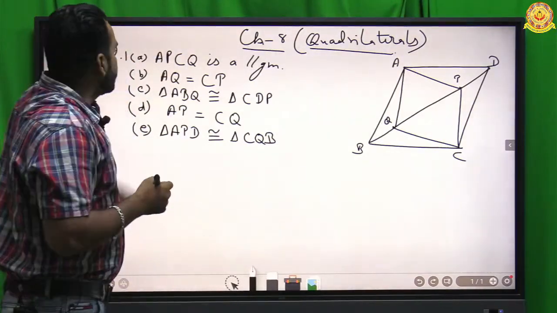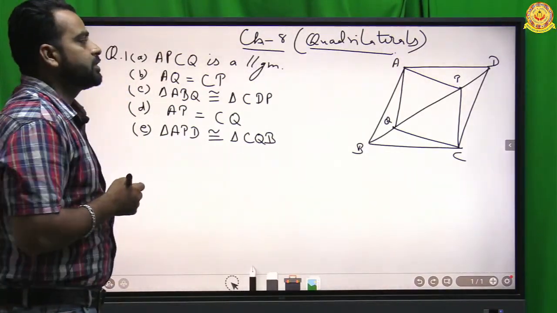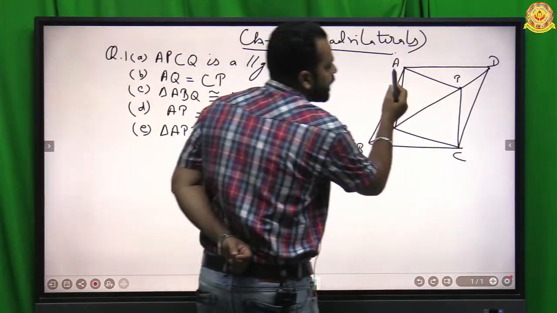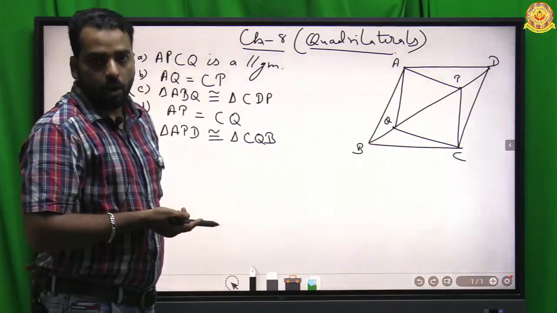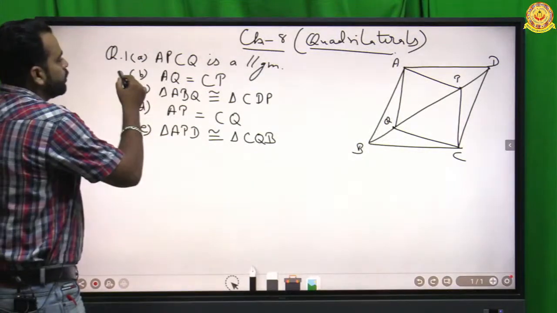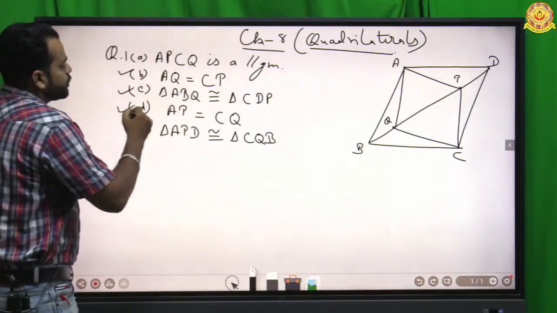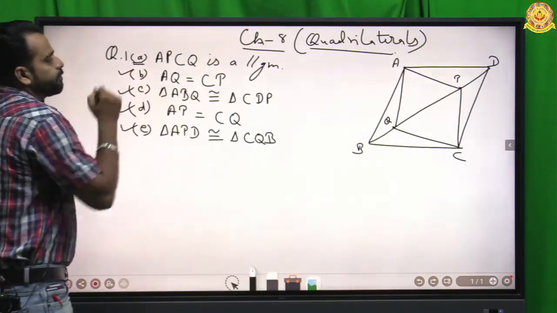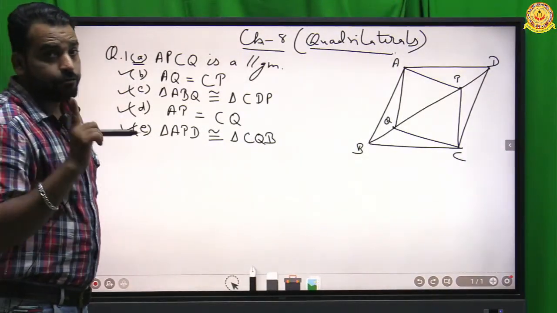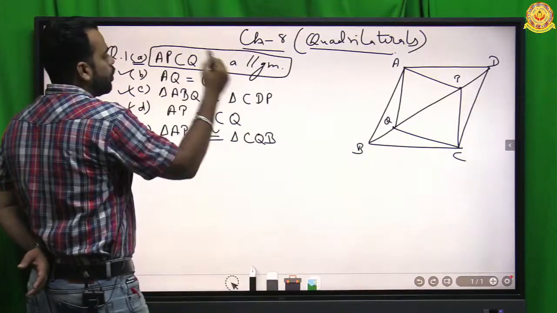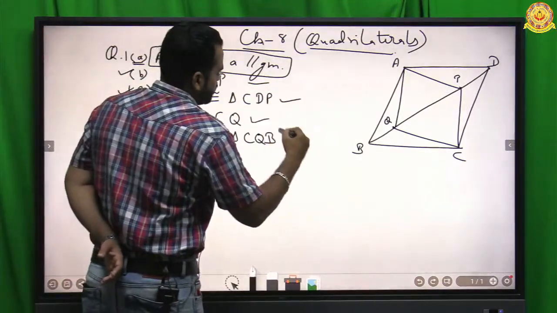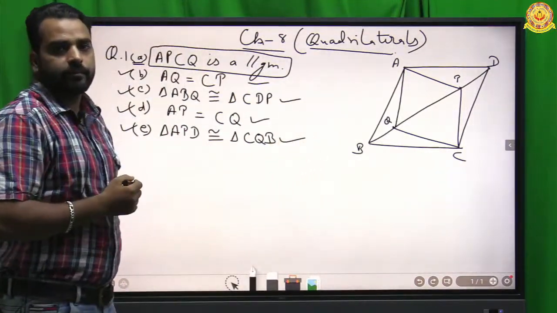So that much we have to prove in this figure if we need to prove that APCQ is a parallelogram. So we have to prove these 4 along with the first one, going through all these 4 statements, right?